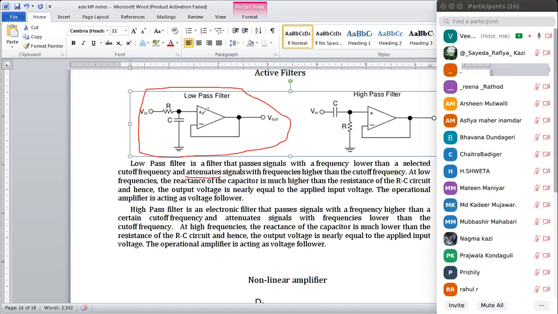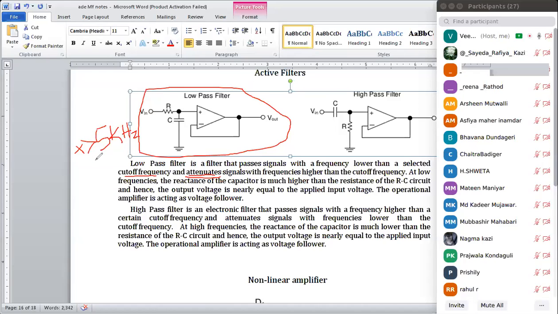Okay, so this low pass filter attenuates the frequencies higher than the cutoff frequency. So if I fix around 5 kilohertz of frequency, this filter circuit will not pass the frequency higher than this.